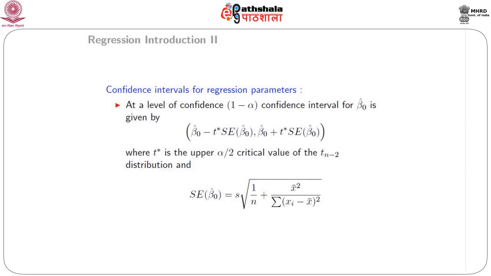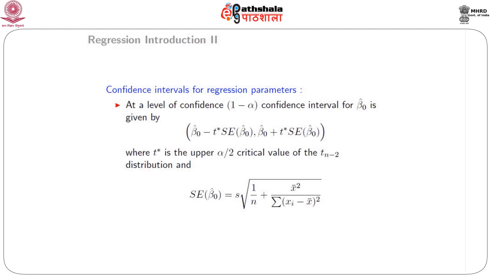We fix a level of confidence alpha, and at the level of confidence 1 minus alpha, the confidence interval for beta naught hat is given by beta naught hat minus t star times standard error of beta naught hat and beta naught hat plus t star times standard error of beta naught hat, where t star is the upper alpha divided by 2 critical value of the t n minus 2 distribution, which is the t distribution with n minus 2 degrees of freedom, and standard error of beta naught hat is given by sigma square root of 1 over n plus x bar square over summation xi minus x bar whole square.